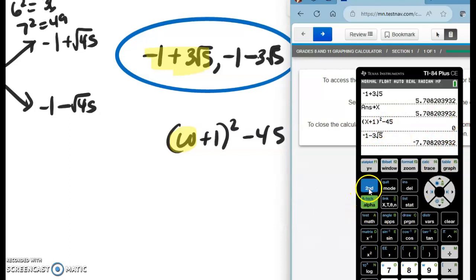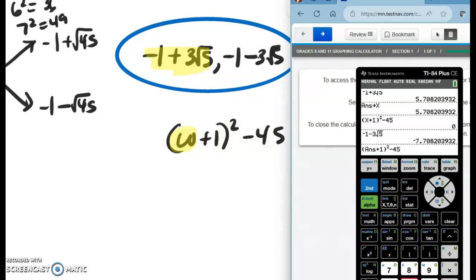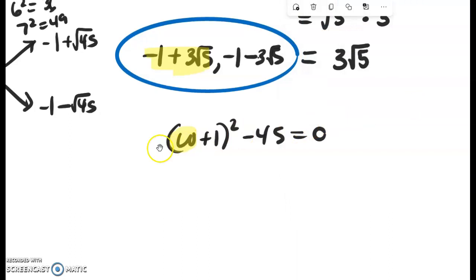I'm going to say second answer plus 1. So I'm doing w plus 1 squared minus 45, hit enter, and I should get 0. And that's how I know that I came up with the correct answer, because I got this statement to equal 0.